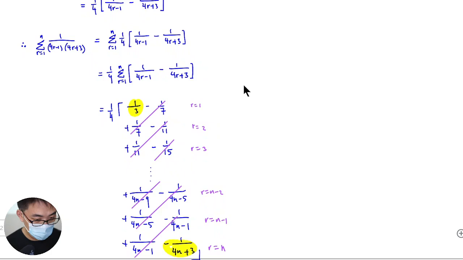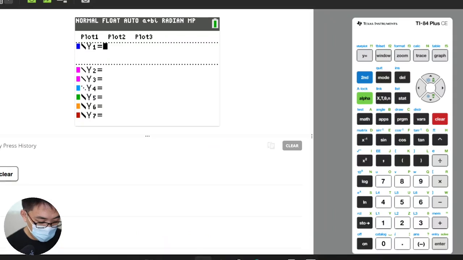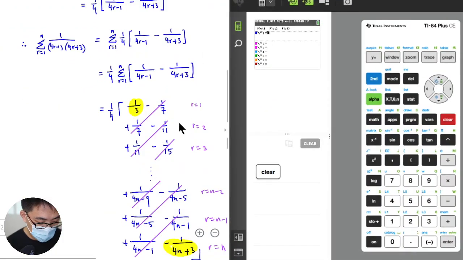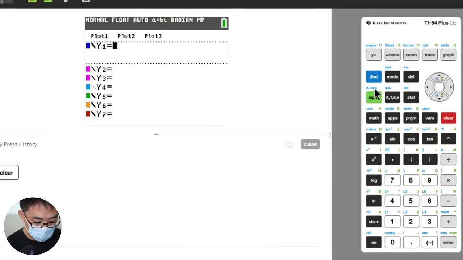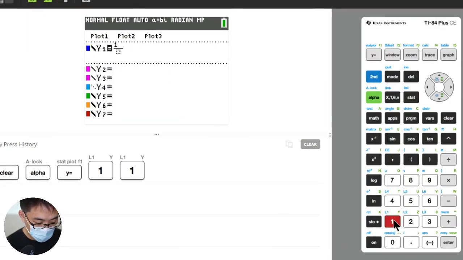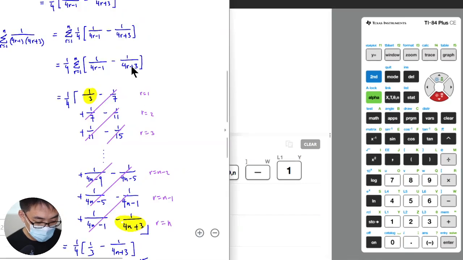If you're lazy to list this down, what you do is you just key this in: 1 over 4x minus 1, then 4x plus 3.